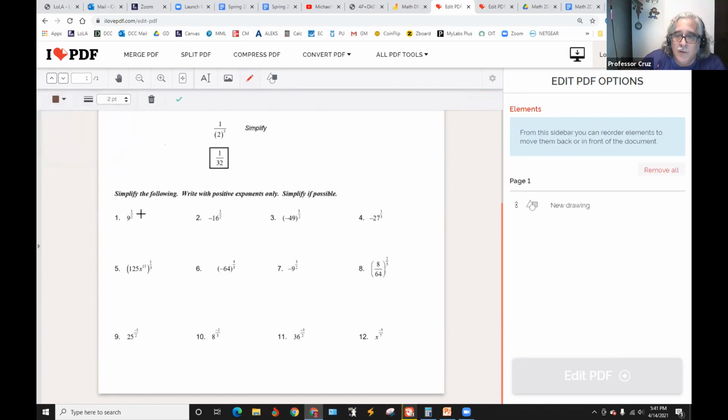So 9 to the 1/2 power. So what kind of root are we going to use here? Square root. What's the denominator? It's a 2. Good. You put it over here. We got plenty of room for this. So that's the square root of 9, which is 3. Okay.